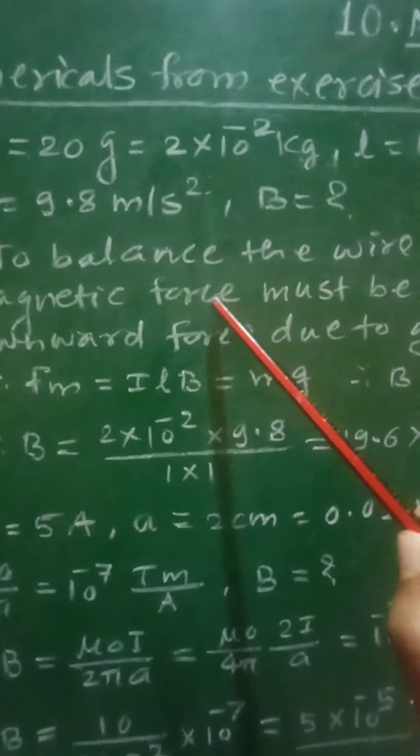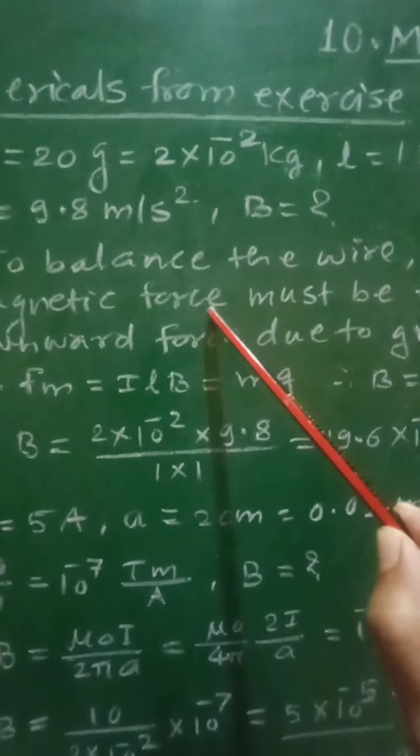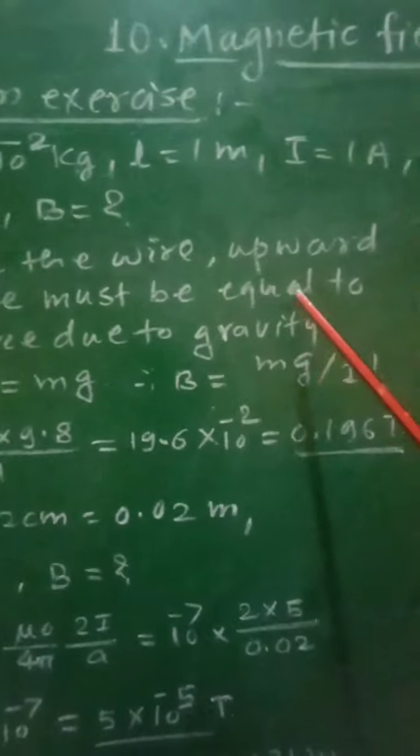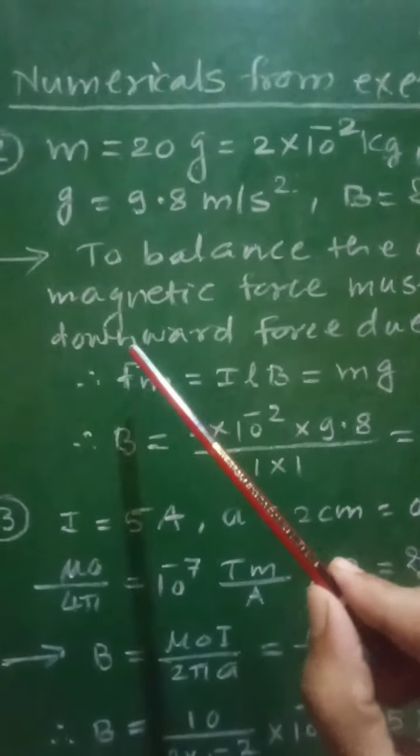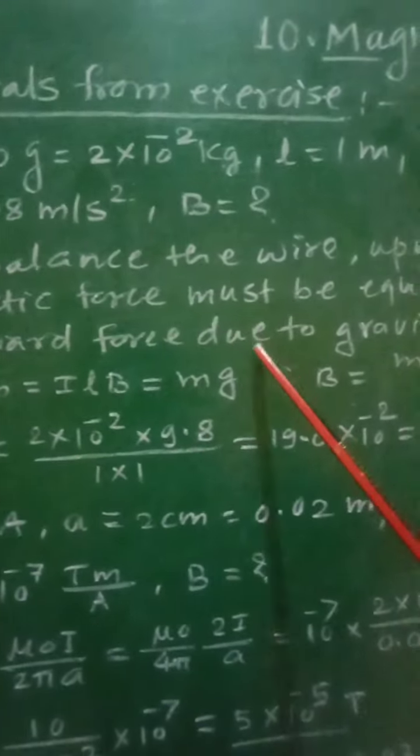that is force due to magnetic field directed in the upward direction must be equal to the downward force due to gravity.